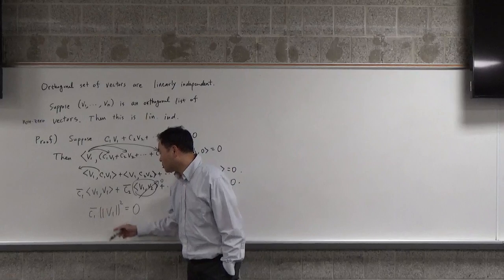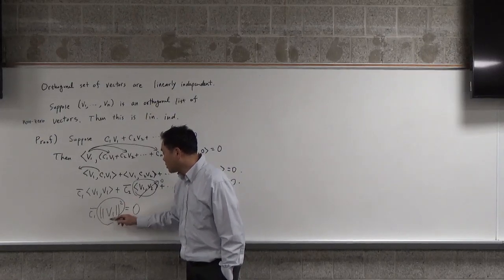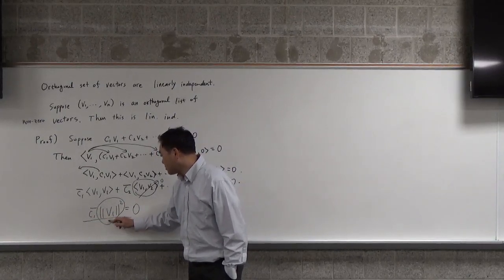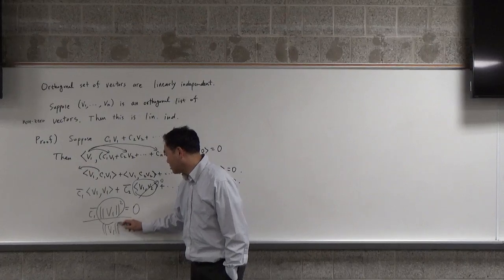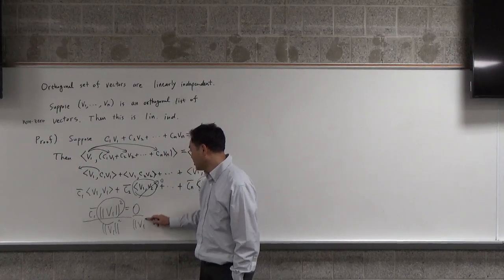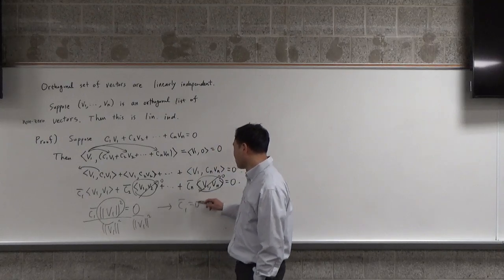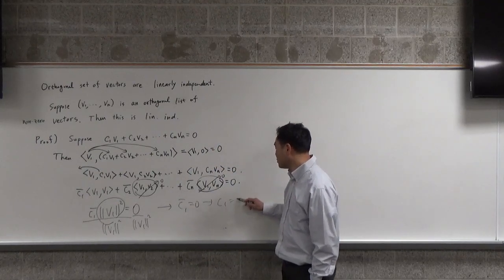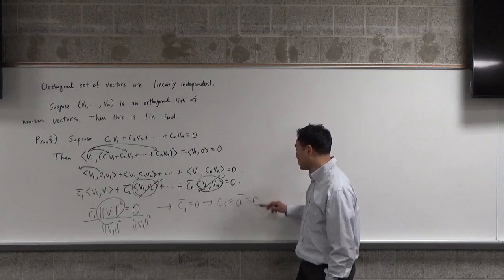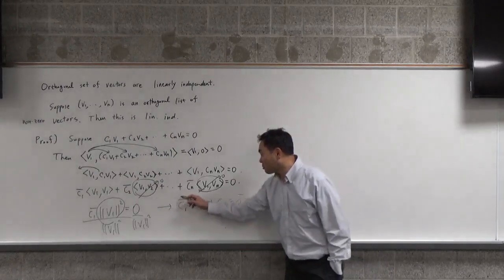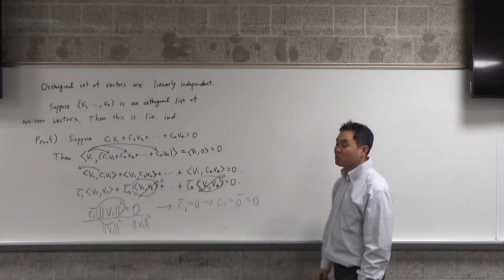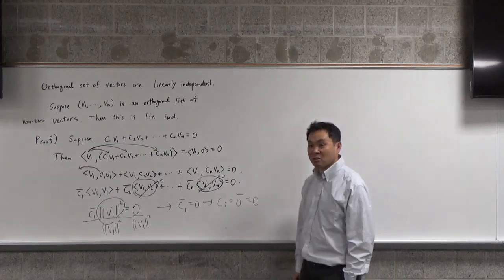And these are two numbers. And because this is non-zero, we can divide by the same thing, norm squared. We get C1 bar equals 0, which means C1 is 0 bar, which is 0, if you just take the bar on both sides. Complex conjugate of the complex conjugate is itself.